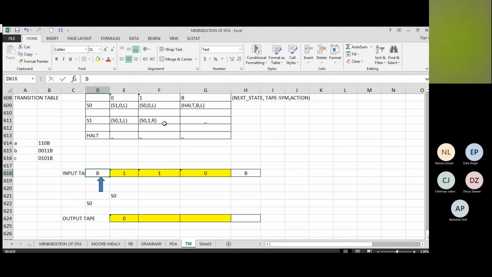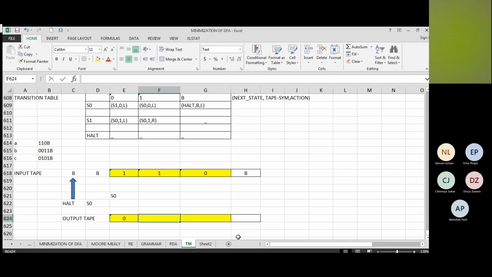It will find obviously B. So what action is taken for this B? Go to halt state. Let B be B. Move to its left. So as soon as it is finding this B, B is kept as it is, moving to left, and it is in halt state.